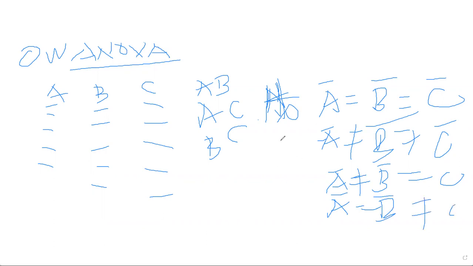So the result will tell you that at least one pair is not equal. In other words, this equality is rejected or not rejected. And that's the null hypothesis. This is your H0, against any of these possibilities, right?